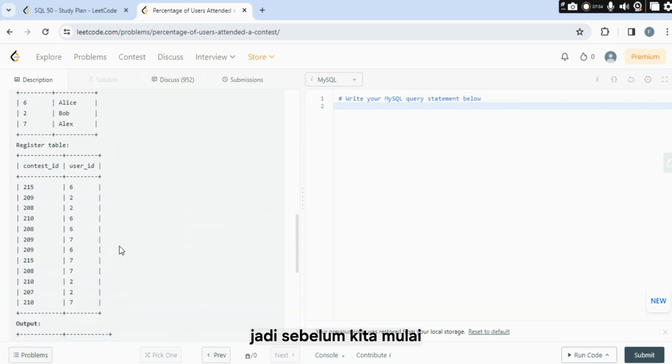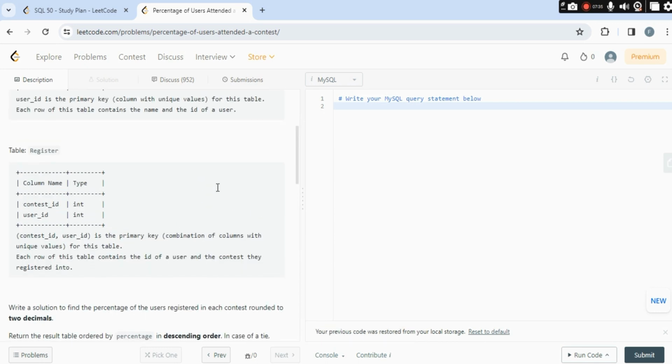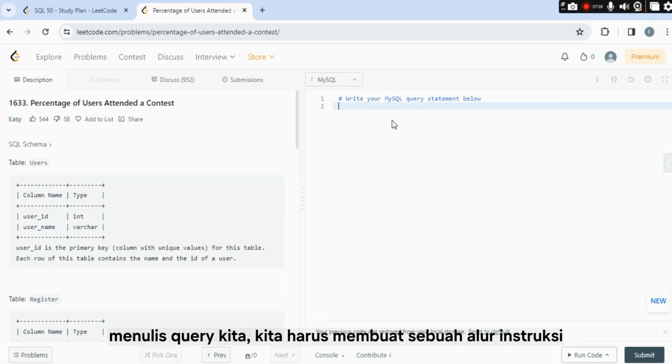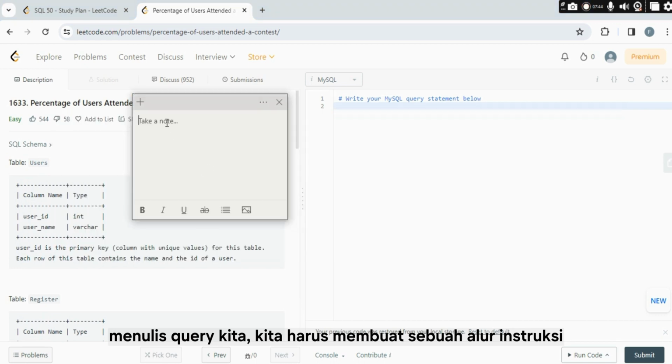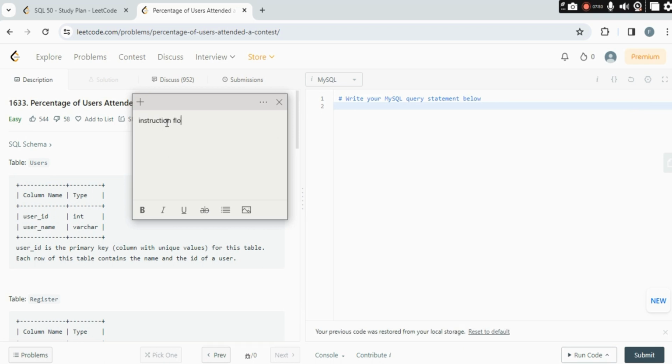Before we start to write our query, we have to make an instruction flow. There are 2 parts that we have to understand.